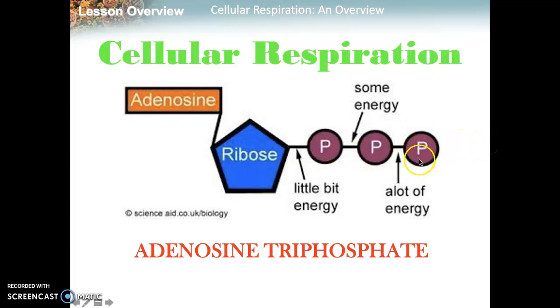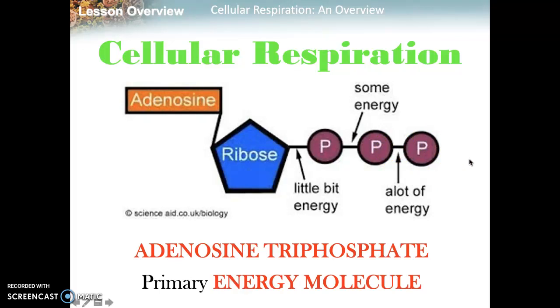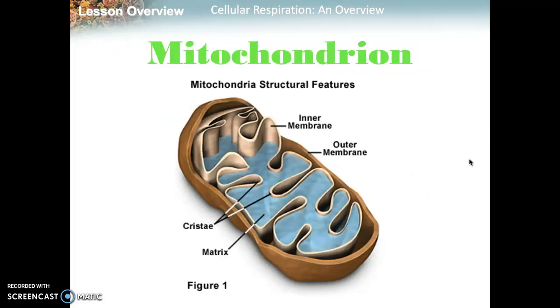So if we can break this phosphate off, we get all the energy that's in that bond. This is our primary energy molecule, the one that we're trying to produce through cellular respiration.